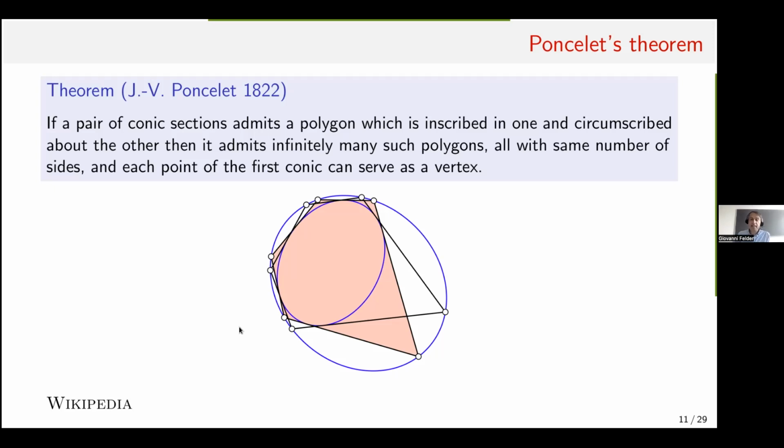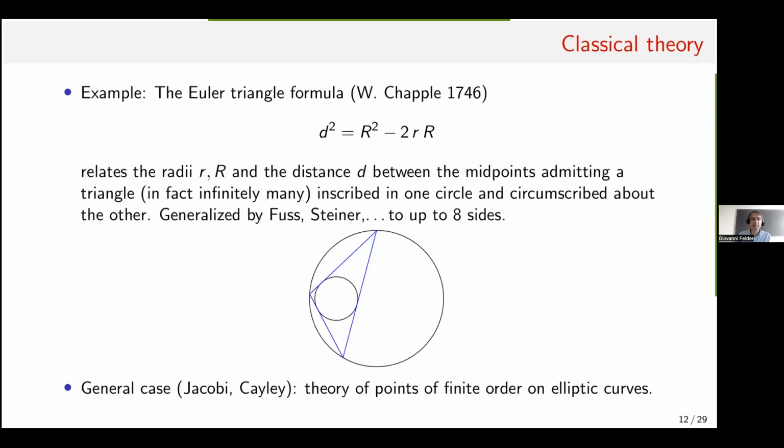And right, so this is the classical Poncelet property, and it started, if you like, with the so-called Euler triangle, which goes back before, to Chapple in 1746.